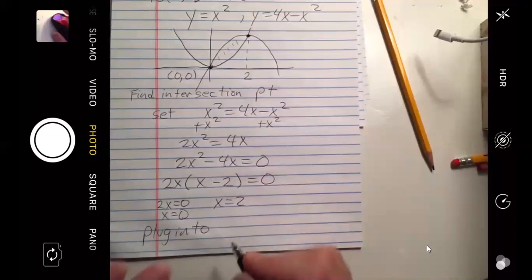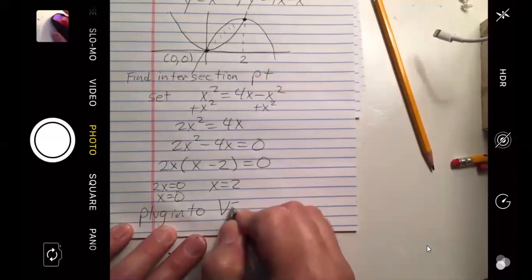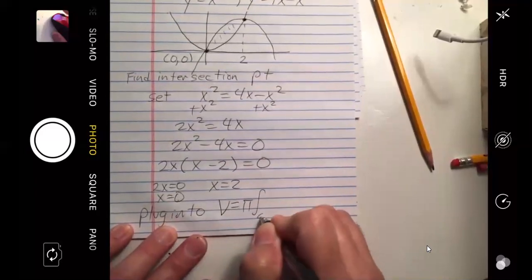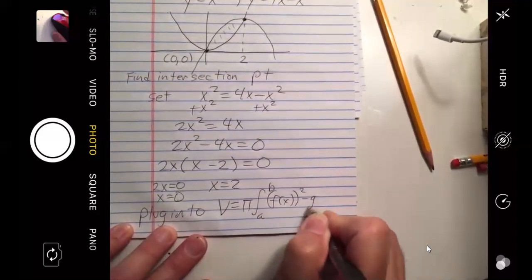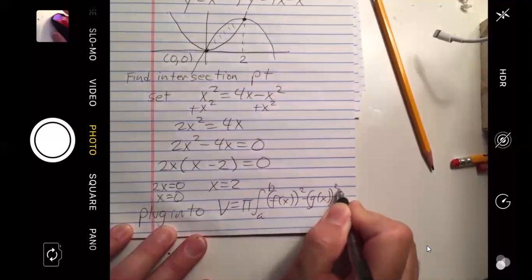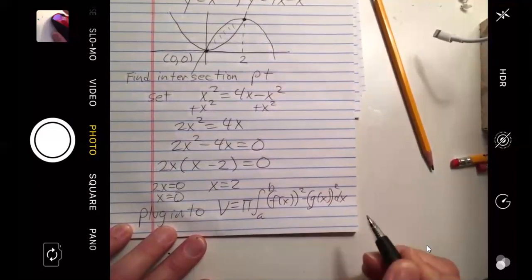Okay. All right, so I'm going to write the washer formula again. A to B, f of x, g of x, dx. Top minus bottom.